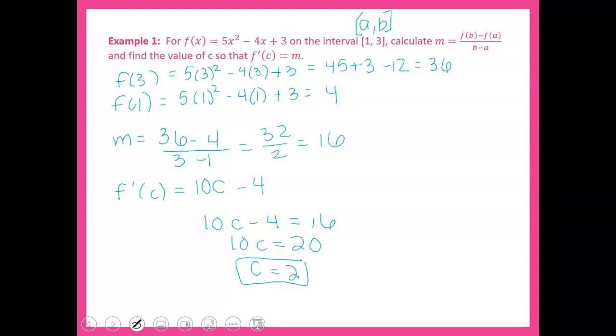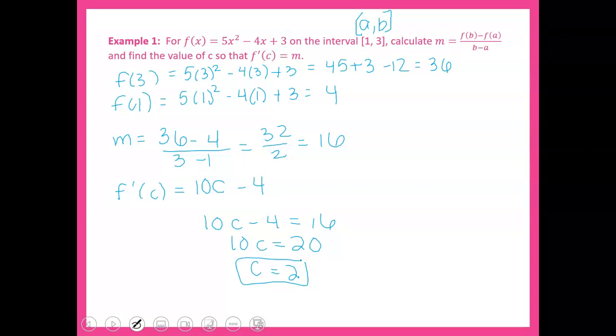So what that means is that at f prime of 2, the derivative is equal to 16. So if you found f prime of 2, it would be 16.